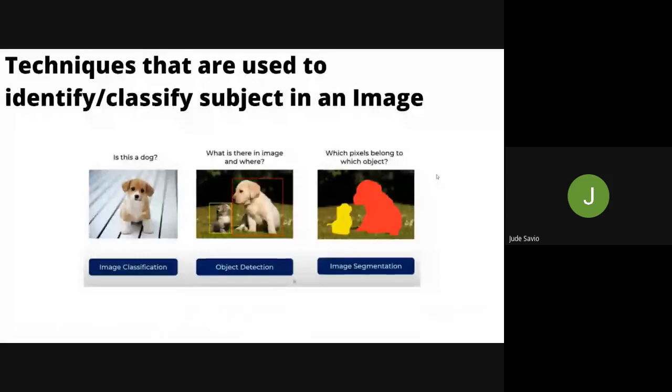Image segmentation will try to identify only the pixels that are concerned within the bounding box. You see the bounding box on object detection, you can see that there are a lot of pixels which depict the background there also. Some depict the grass around the puppy and some depict the foliage, I mean the dark trees behind the puppy, right? So image segmentation will try to cut out or identify only the subject within the image.